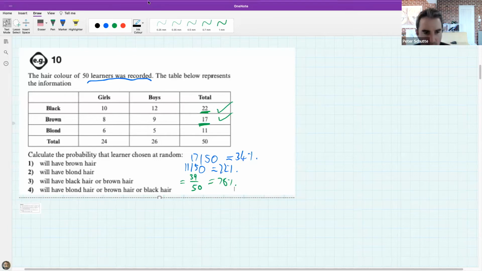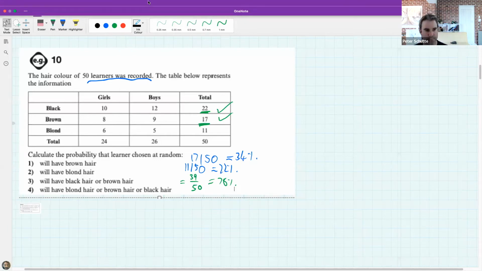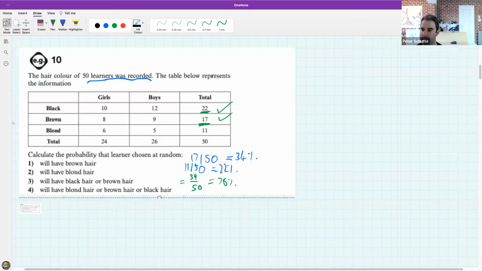Who wants to give me the last one? What is the probability that a randomly chosen person will have blonde or brown or black? Yeah, Kuchle. I said the answer for number 4 is 50 over 50, so basically 1.